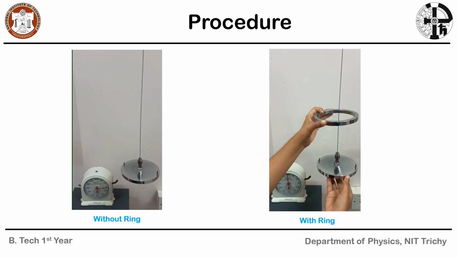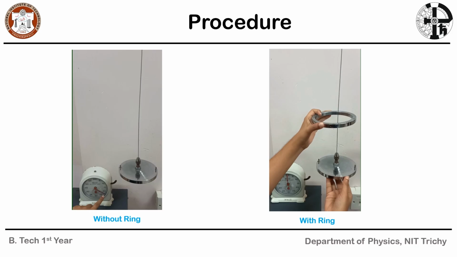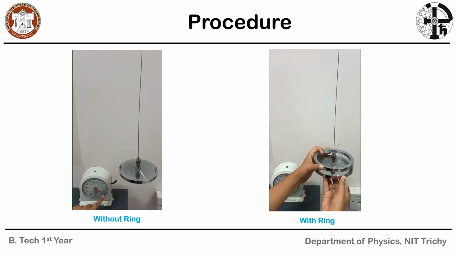The next part is the measurement of the time period with ring. The video on the right hand side will show you how to do this. Insert the annular ring on the disc.